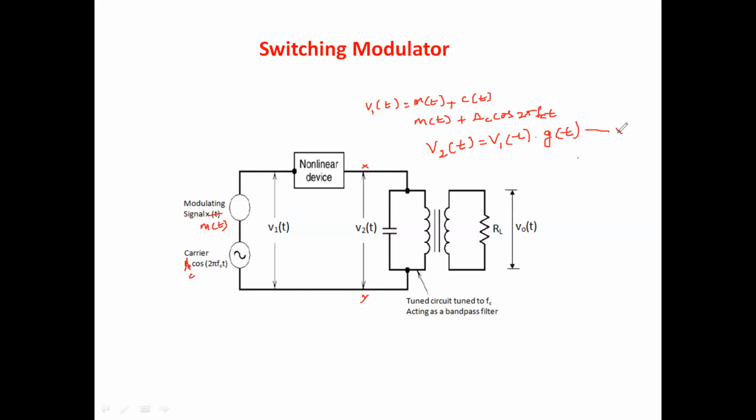This is important. That is, the output of the switching modulator is given by V1 of t into g of t.